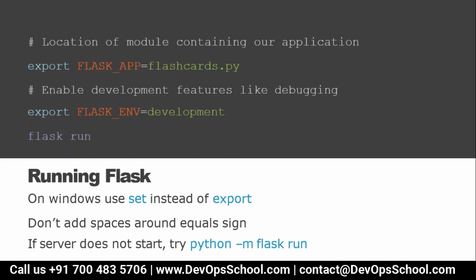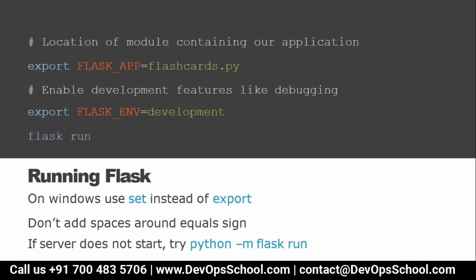So you have to set the variable for the Python virtual environment: export FLASK_APP=flashcard.py. Now this is for Linux. If you are in Windows, you have to use the set command. I'm having Windows right now, so I'll use set FLASK_APP equal to that Python program name, whatever you have.